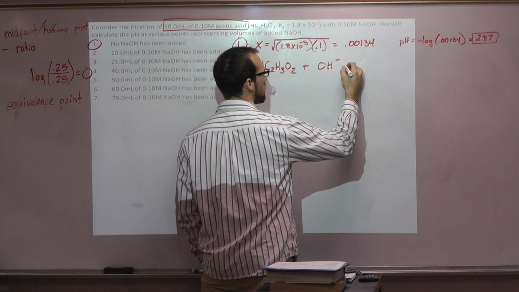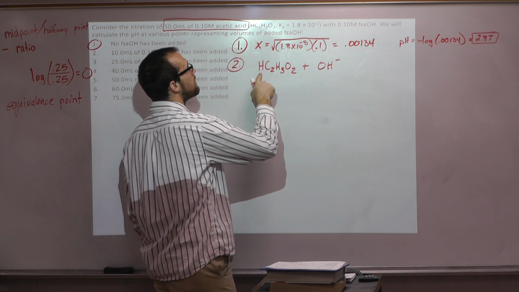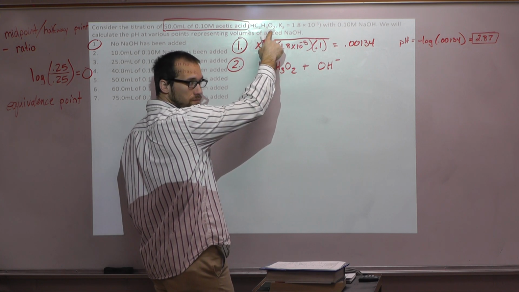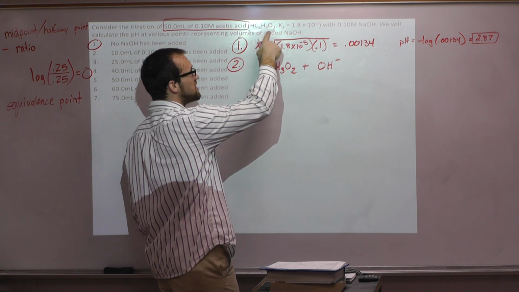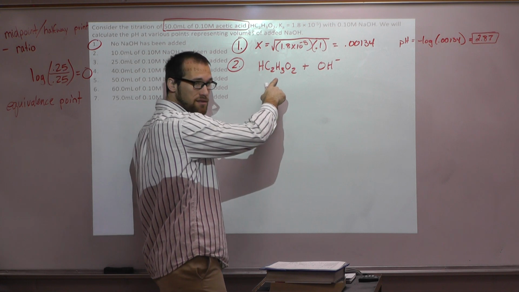Okay. So my reaction. Do you include the H at the beginning for this? Is it just C2? No, this is not a salt. Does that make sense? This is just your weak acid. And we're dropping a strong base into a weak acid.